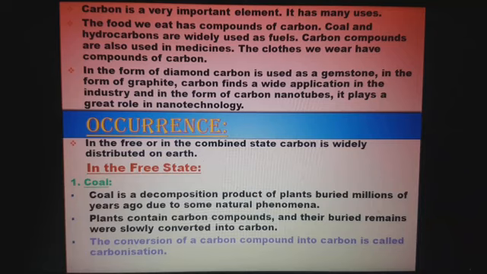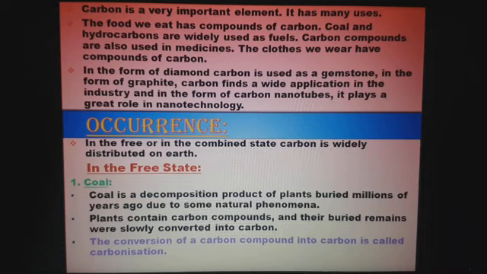About diamonds, you already know it is a gemstone used for making jewelry, and diamond is the hardest thing known. Graphite is very useful in industry, and carbon nanotube is also a form of carbon which plays a great role in nanotechnology.